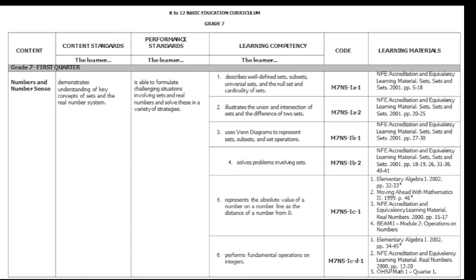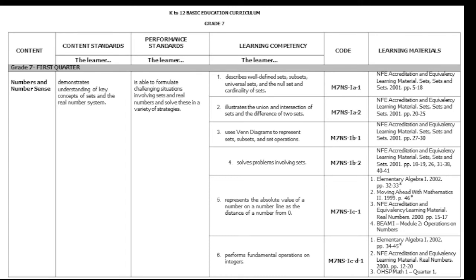As I have said earlier, we are not inventors. We do not invent lessons. So the curriculum guide provides a framework or detailed instruction on the course and the program of the entire semester or quarter or even on a day-to-day basis.